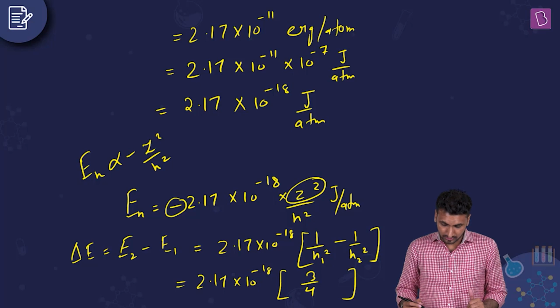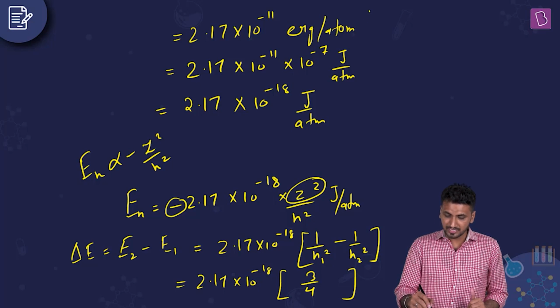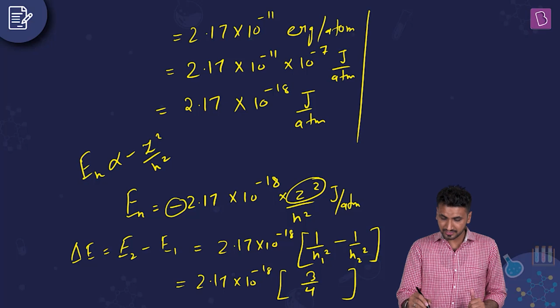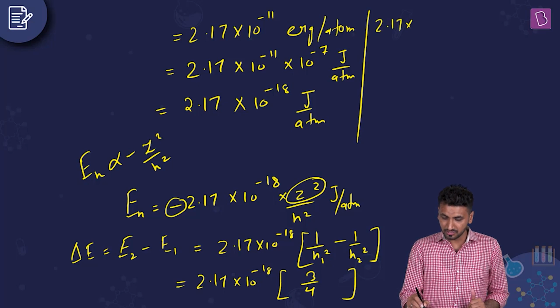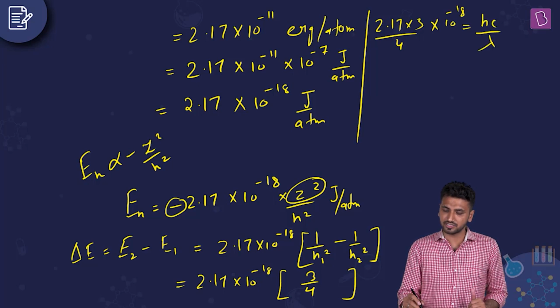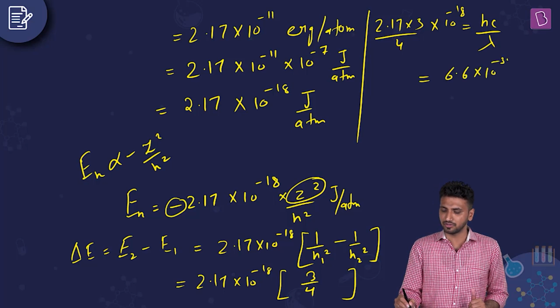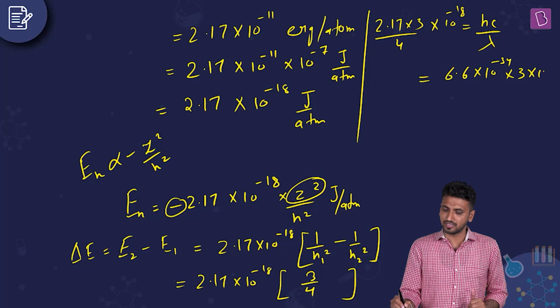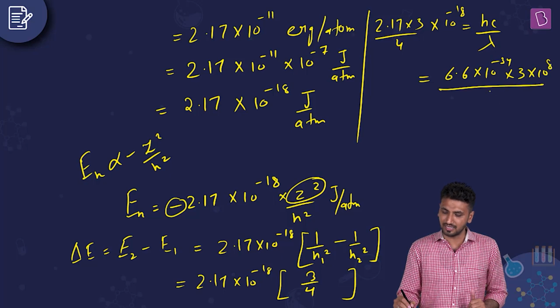We have to solve this further and equate it with hc by lambda. So 2.17 into 3 by 4 into 10 raised to power minus 18 is equal to hc by lambda. Putting in the values, h is 6.6 into 10 raised to power minus 34, c is 3 into 10 raised to power 8, and lambda.